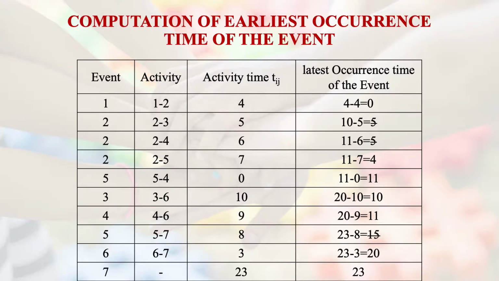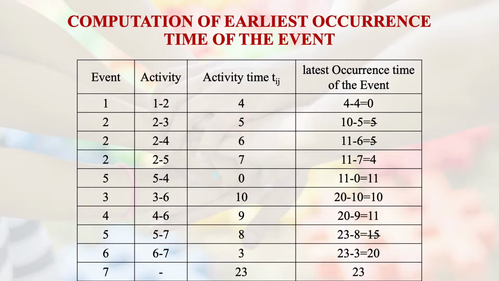Now 2 is a very interesting case, as we were discussing. There are 3 possible paths from event 2: 2 to 3, 2 to 4 and 2 to 5. The latest occurrence time for node 5 is 11, so 11 minus 7 happens to be 4.